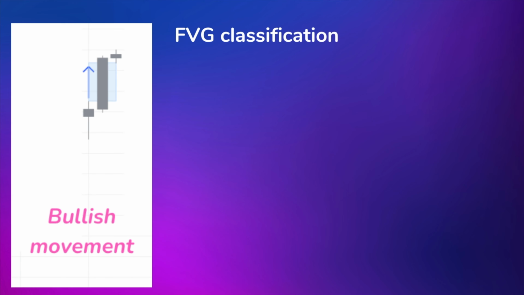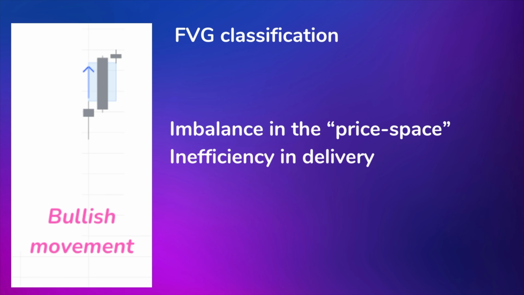You know that I like things easy, I like things simple, so let's try to classify them. We have here a bullish movement of the candles that we have seen before. Here we have an imbalance in the price space and an inefficiency in the delivery.